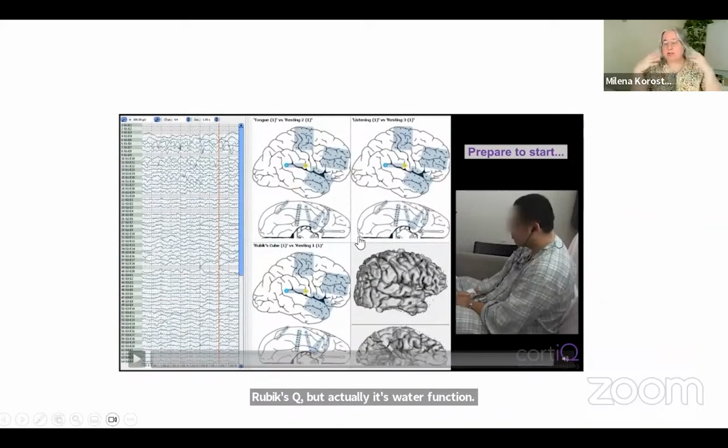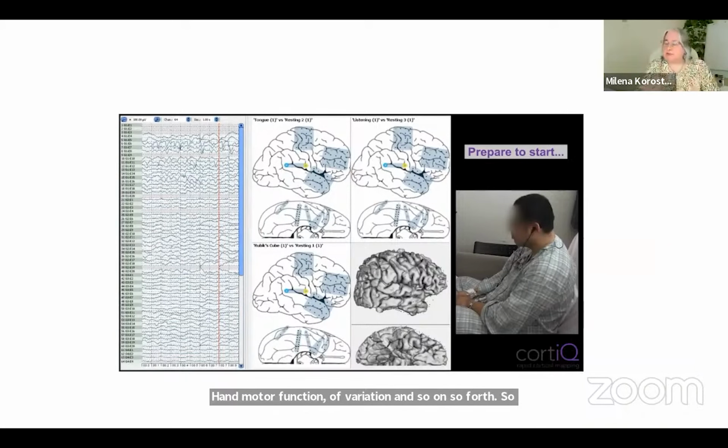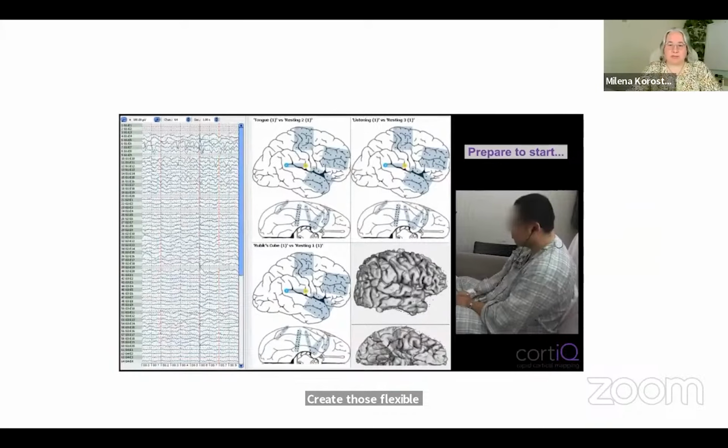So we can create certain batteries. Again, it's very flexible. It depends on what we need and how our patient, how our child, can perform, and we can create those flexible combinations of different paradigms.